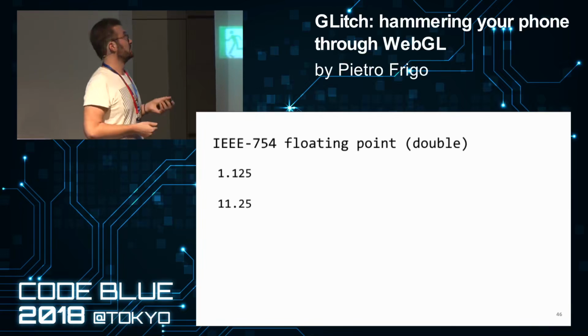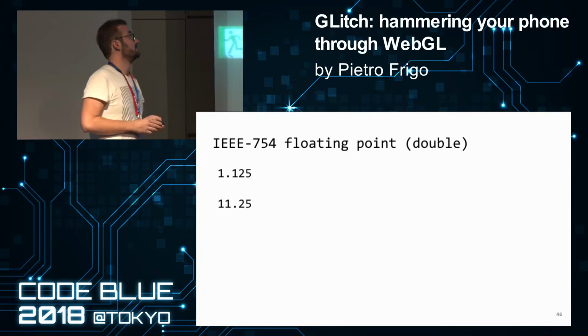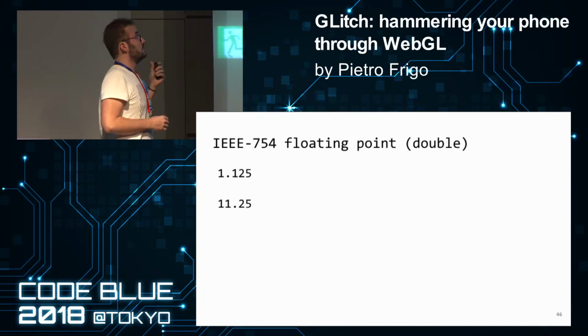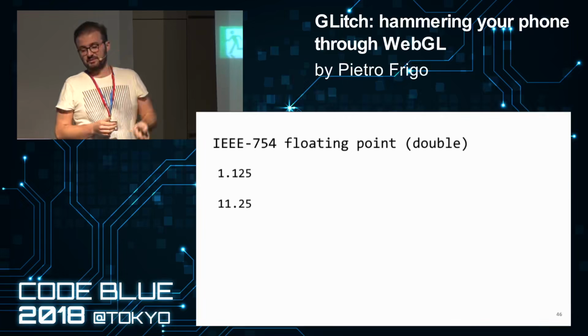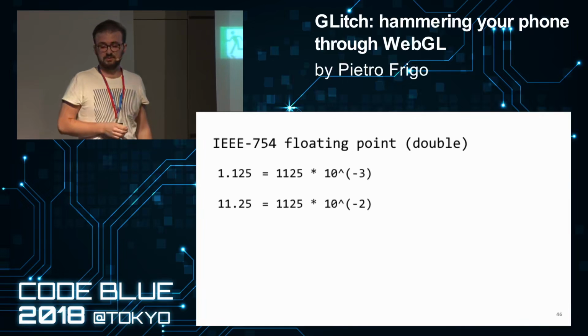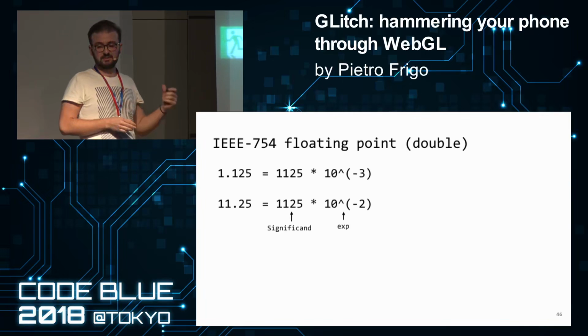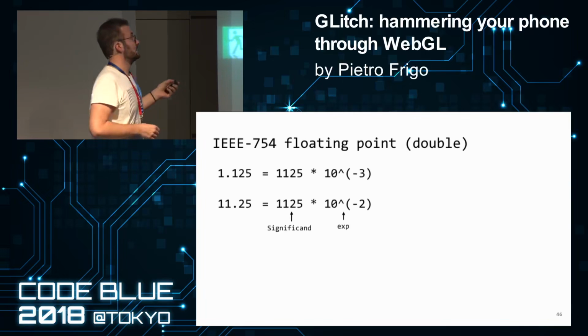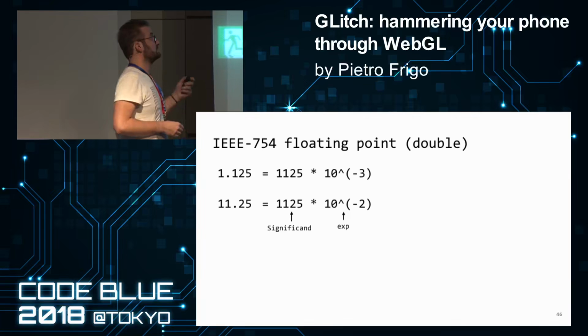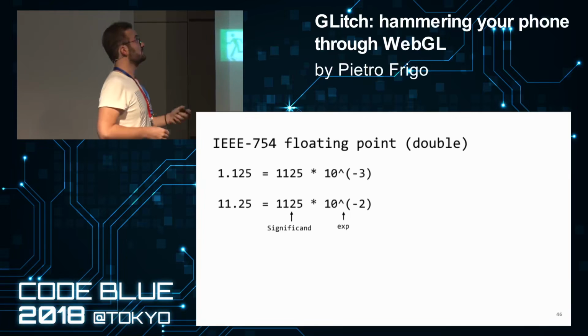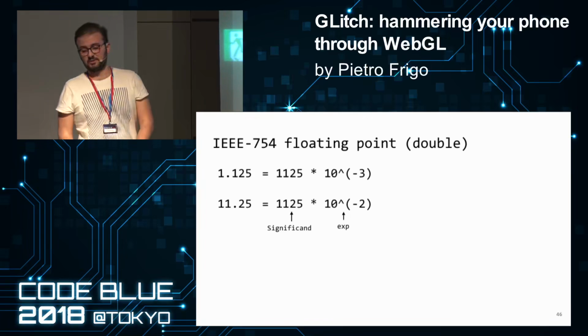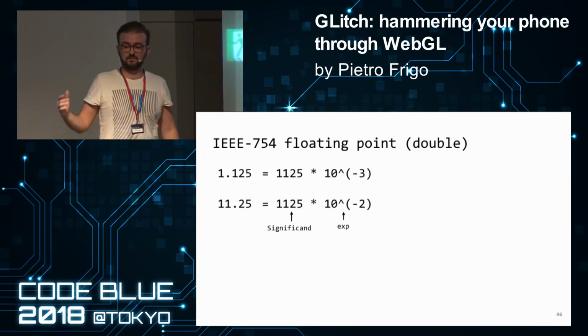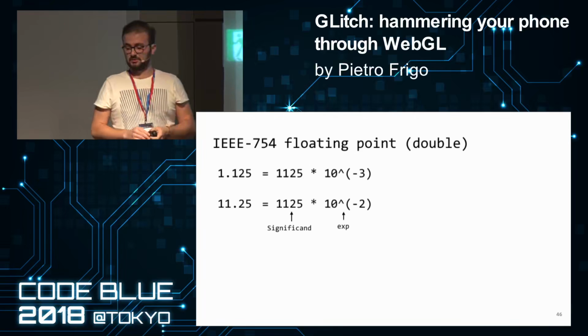So let's say you have these two numbers, 1.125 and 11.25. The way this is usually stored is by using the exponential notation. So what you do is you just get the significand and the exponent. And the significand, in this case, you see is the same. So you would have 1125 times a different exponent. One is 10 to the power of -3, and the other one is 10 to the power of -2.